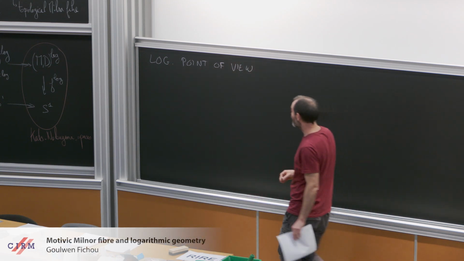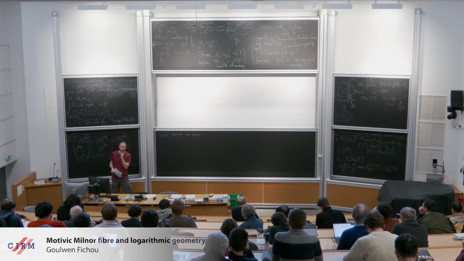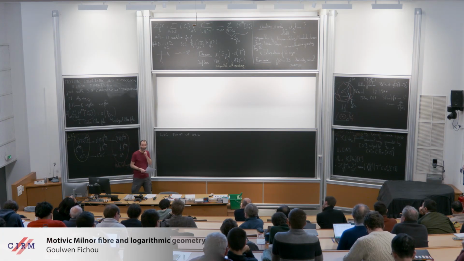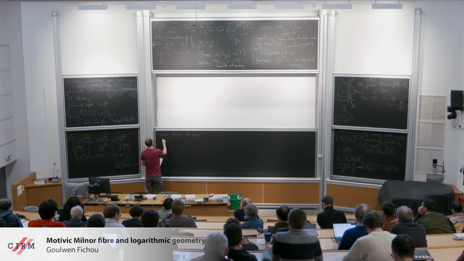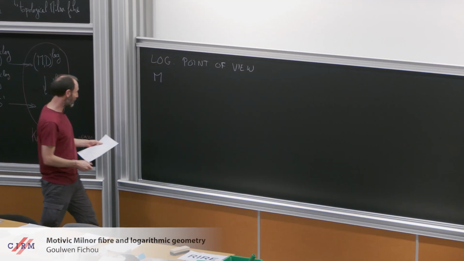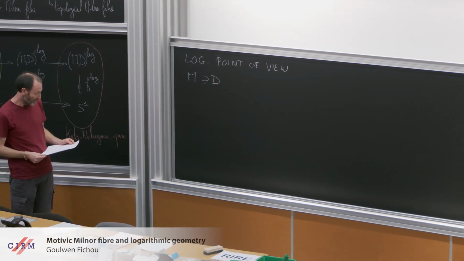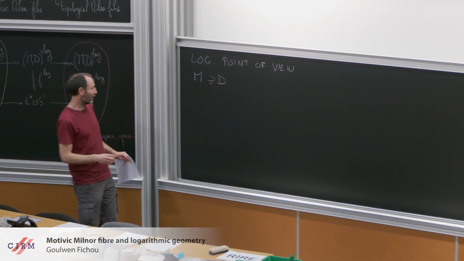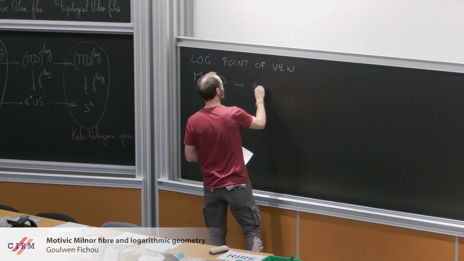Maybe I have to say a word or two about the definition of the log spaces. Even if certainly I will not enter into the details, again we have our non-singular algebraic variety there. We have inside a normal crossing divisor, and to this situation we may associate a divisorial log structure.